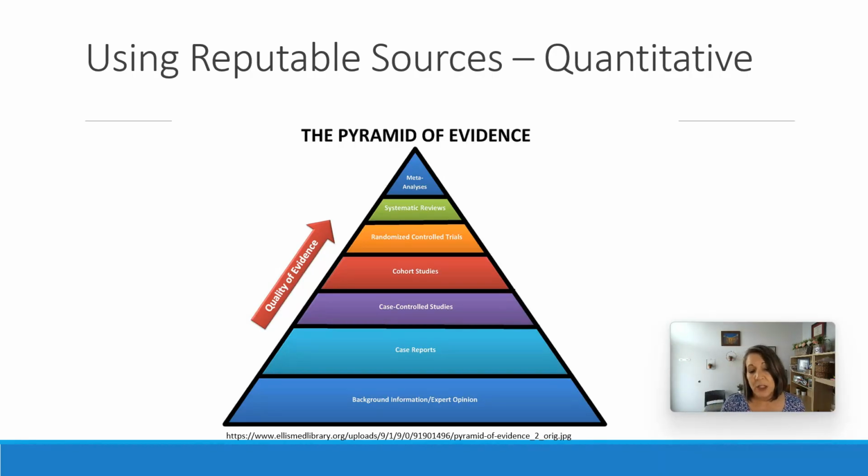After that, we start looking at quasi-experimental studies, which are our cohort studies and our case-controlled studies, where the case, an individual, serves as their own control for how they do later on. Lower than that would be our case reports, and then even below that is background information or expert opinion.